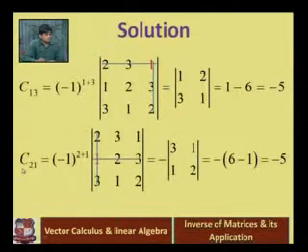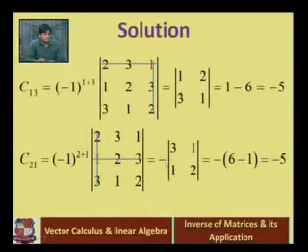Now find the second row and first column, that is the C21 entry, is equals to minus 1 raised to 2 plus 1 into minor of the 2 1 element, that can be found by deleting second row and first column, and the resultant matrix determinant is given 3 1 1 2.